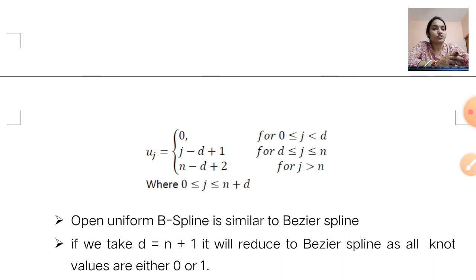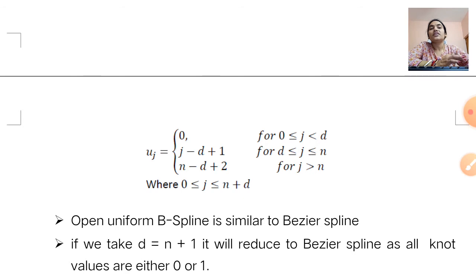First, it will be 0 for j in the range 0 to d. That means when uj equals 0, j is in the range between 0 and d. Then when uj equals j minus d plus 1, j is in the range between d and n.